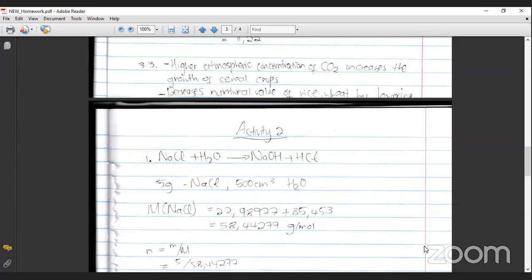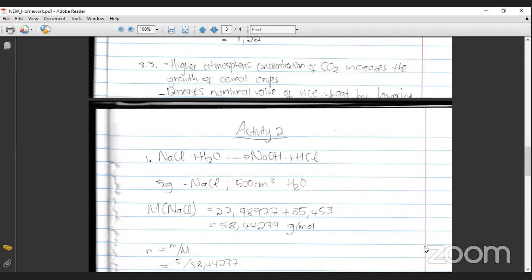So first thing that we do, NaCl and H2O. We know that there are those formulas that you need to start knowing in your mind, that if this reacts with this, this is what it gets, because it's going to help you, especially when you get questions like the one we've just received, that doesn't actually give you the equation, so you have to know what equation it is.